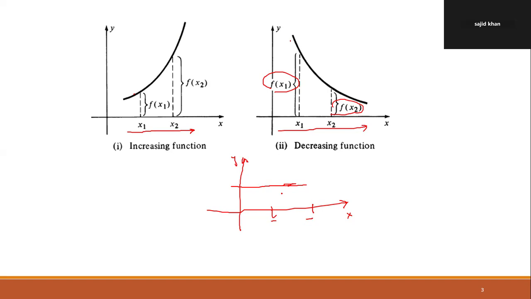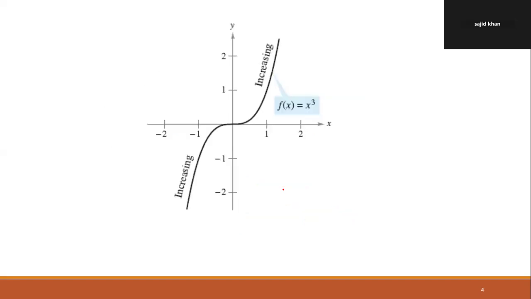So for all inputs, if the output is the same, the graph must be parallel to the x-axis. It is known as a constant function. So these are the different types of functions: increasing, decreasing, and constant functions.